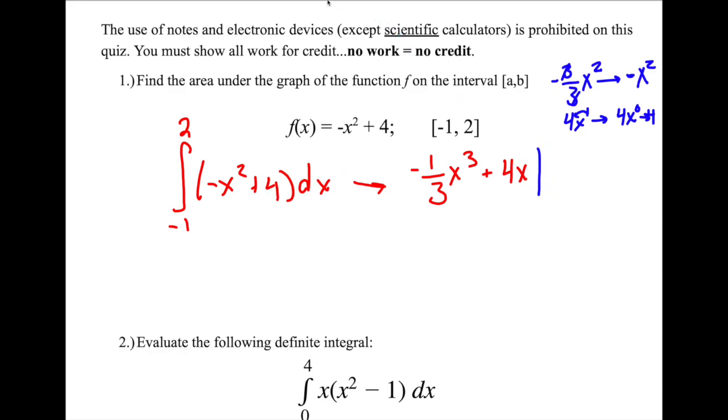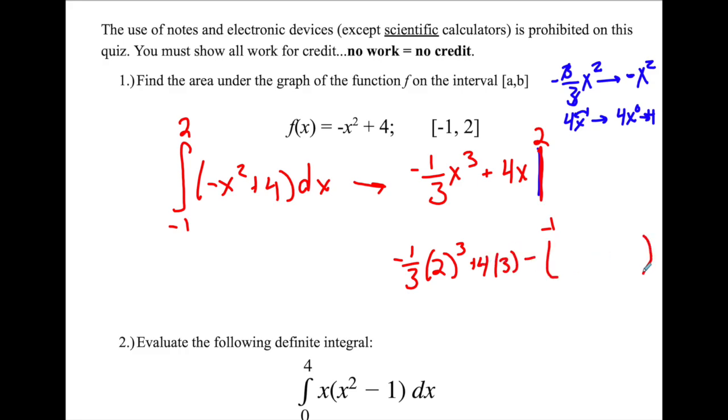And then we want to integrate this from -1 to 2. Okay, so what that means is, by the fundamental theorem of calculus, first we're going to plug in 2. Then we're going to plug in -1.